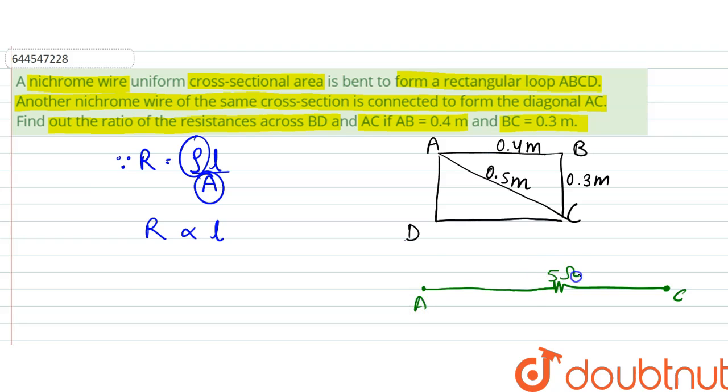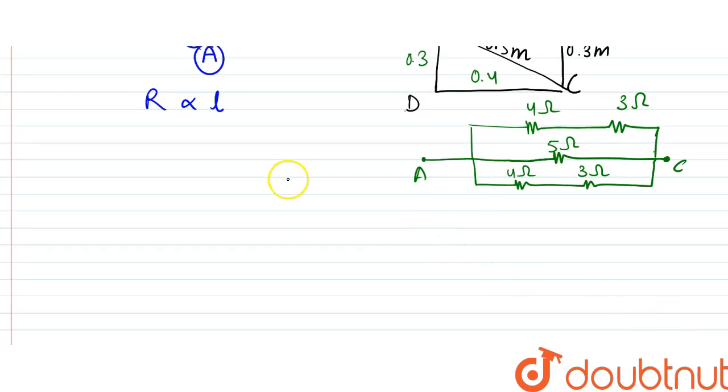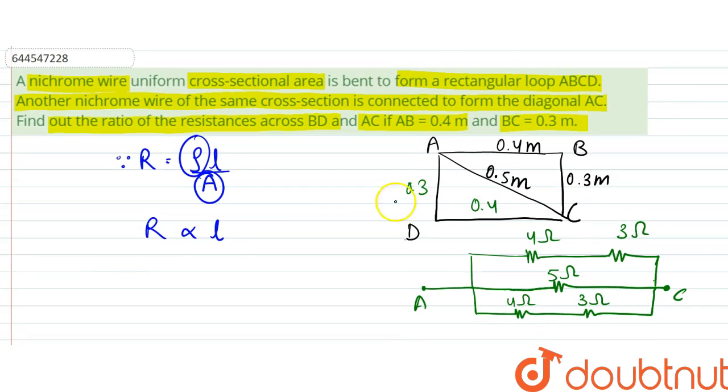So we have 5 ohm here, and 4 ohm, 3 ohm here, 4 ohm, 3 ohm. Similarly here also we have 4 ohm, 3 ohm, 4 ohm, 3 ohm. This is 0.3 and this is 0.4 we can consider, right? So what we are considering is resistance of AB to be equal to 4 ohm, resistance of BC to be equal to 3 ohm, so we get resistance of AC to be 5 ohm, right?